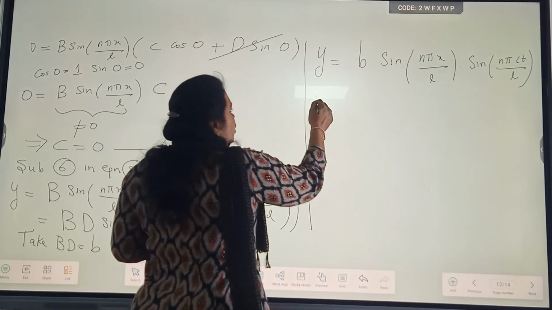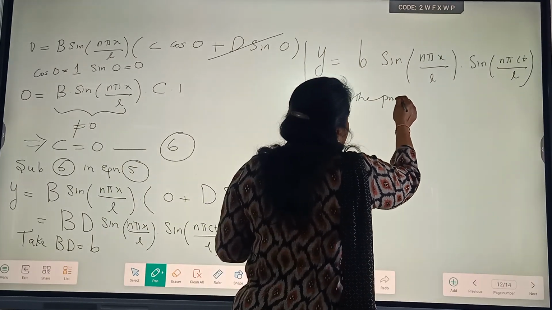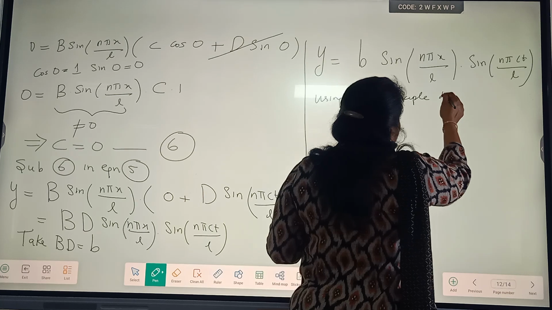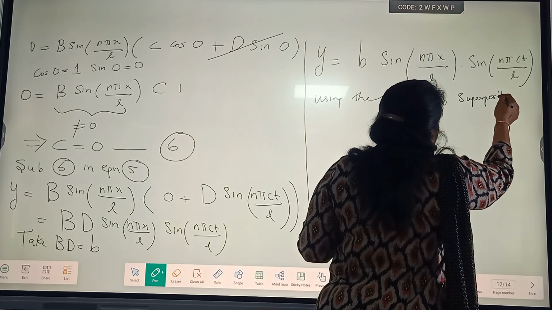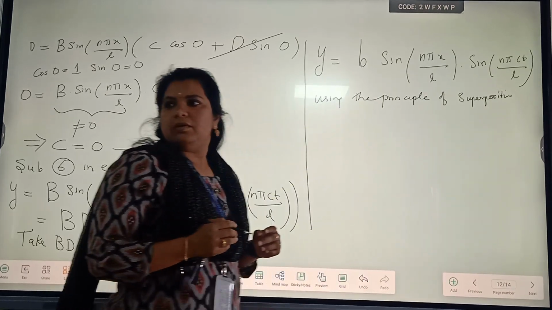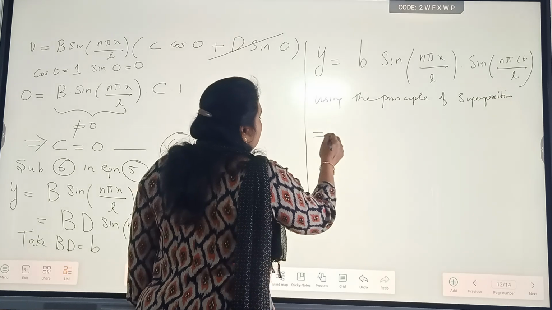So right now, using the principle of superposition, how can you write?